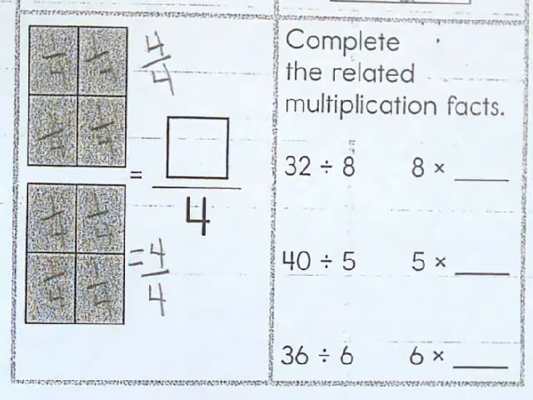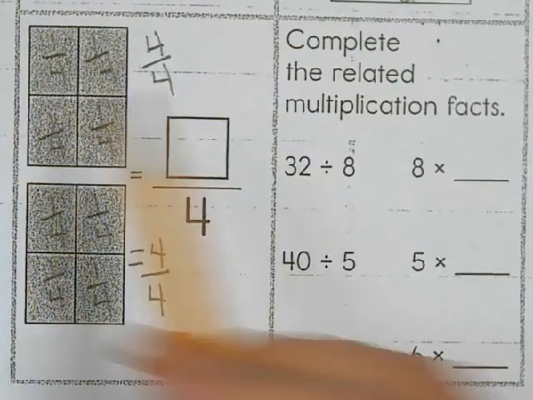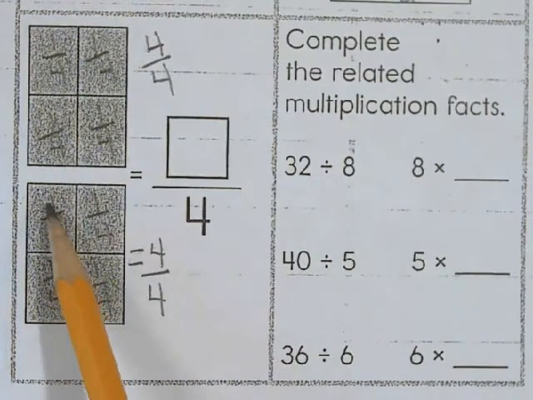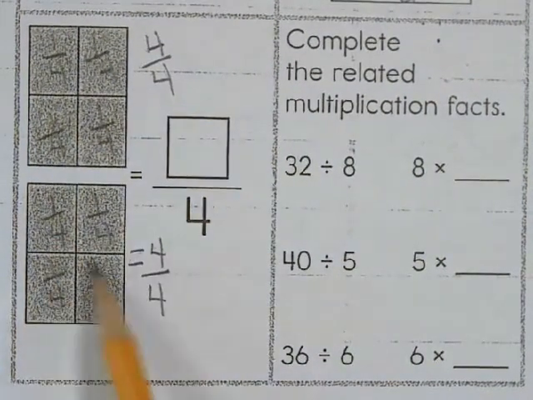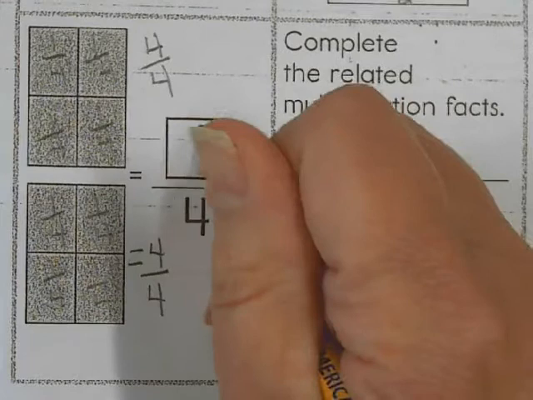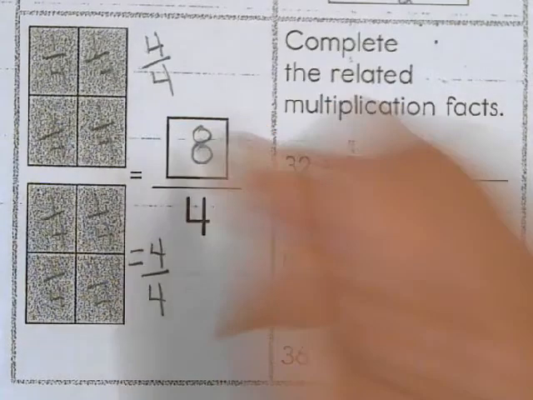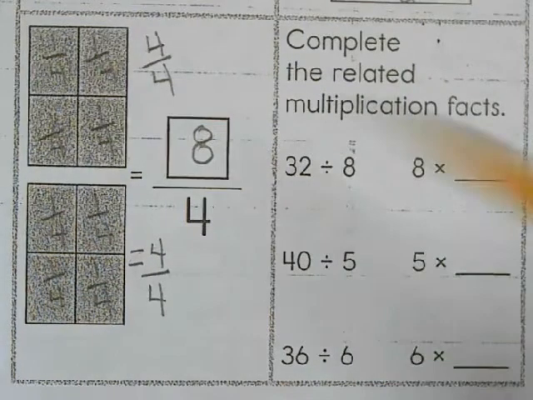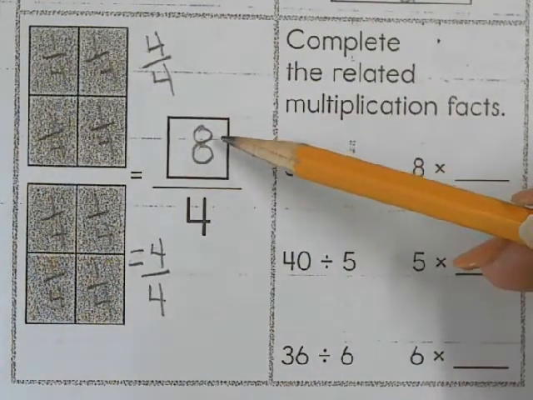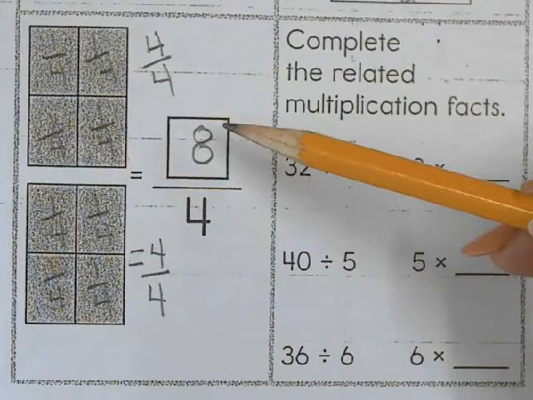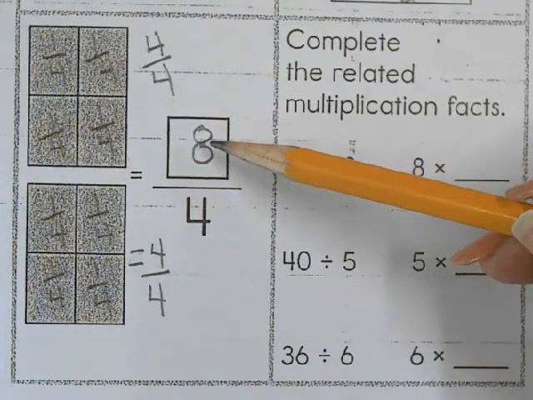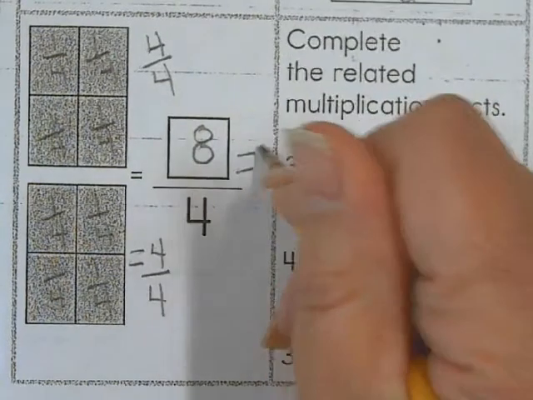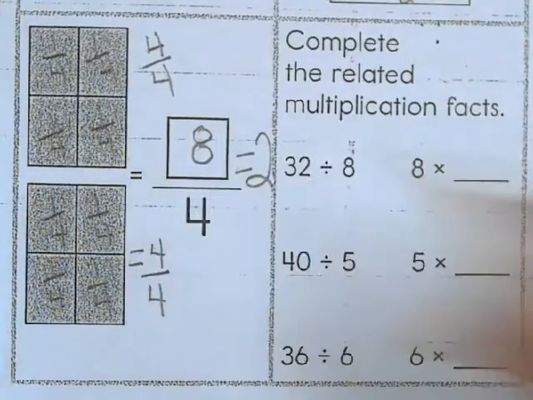Now when I count how many fourths I have, I count 1, 2, 3, 4, 5, 6, 7, 8. So I have 8 fourths. In this case, that's called an improper fraction because you have more pieces than your denominator. But we are going to say this is 8 fourths, and we know that 8 fourths is equal to the whole number 2.